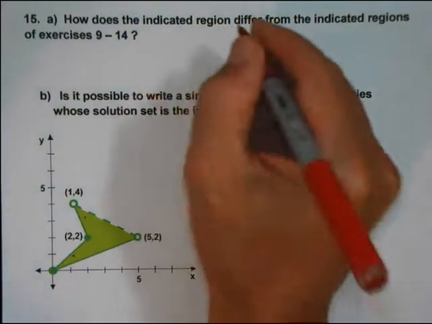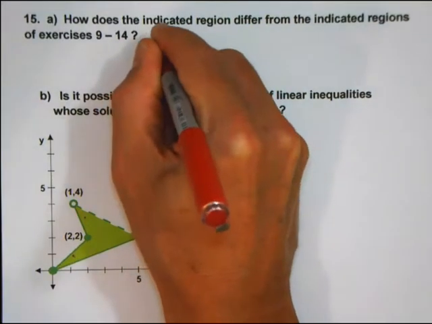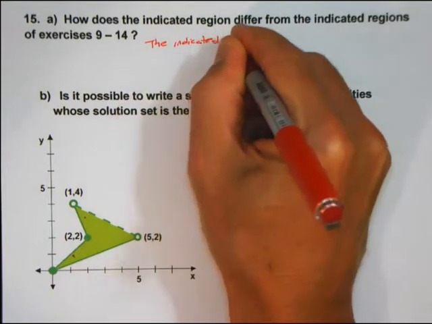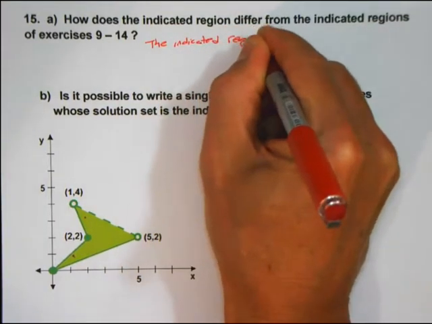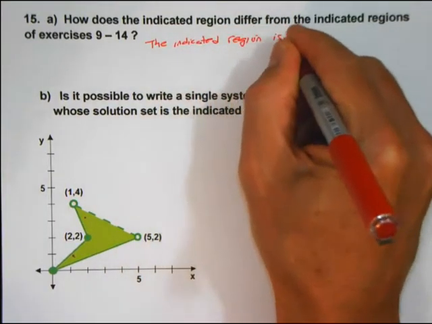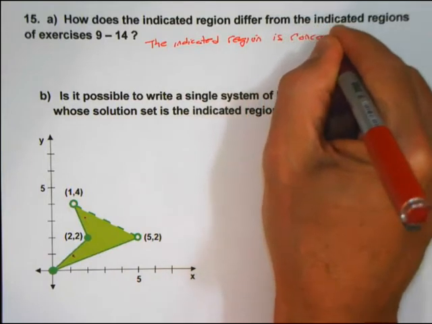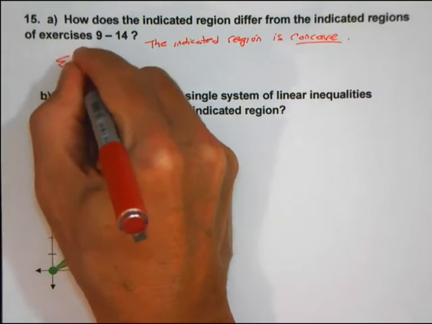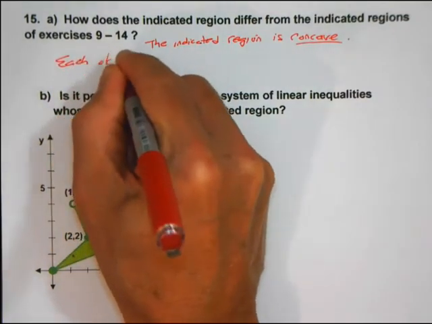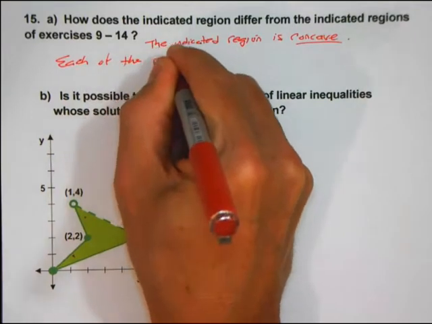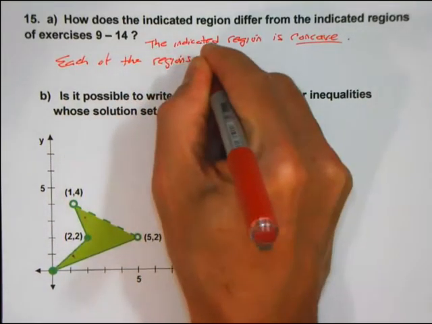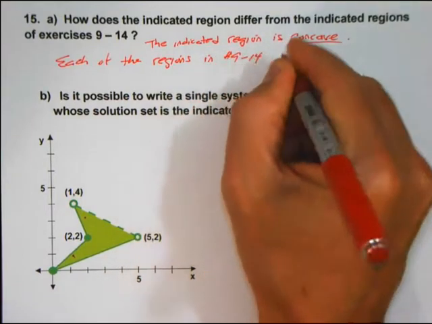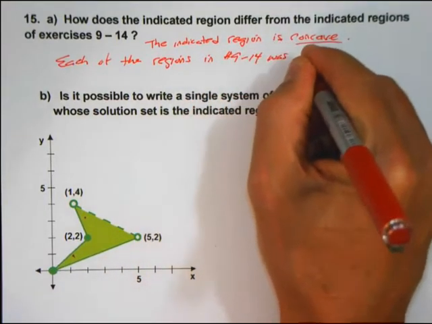We can record this: the indicated region is concave. Each of the regions in numbers 9 through 14 was convex.